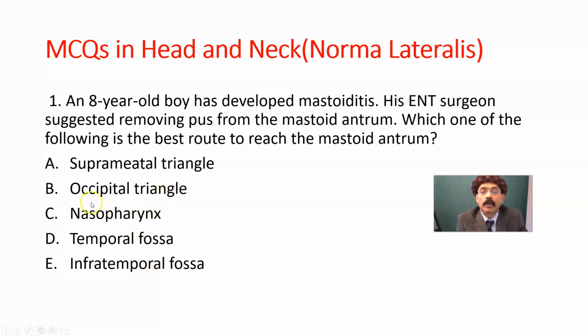So how will the surgeon go to the mastoid antrum to remove the pus? Answer should be suprameatal triangle, that is located just posterior superior to the external auditory meatus. So answer is A.